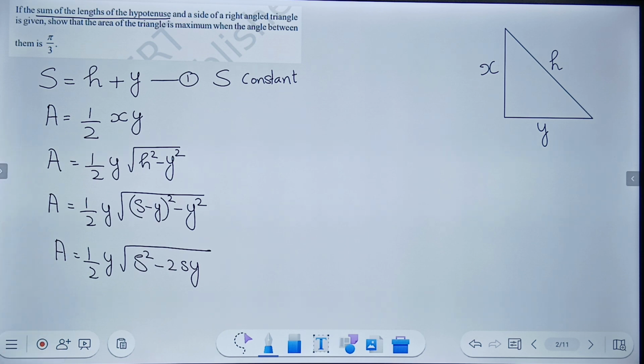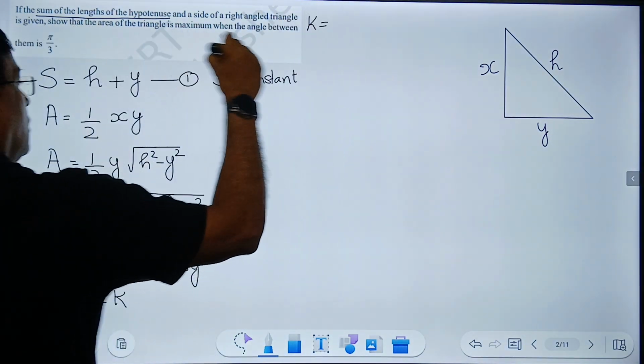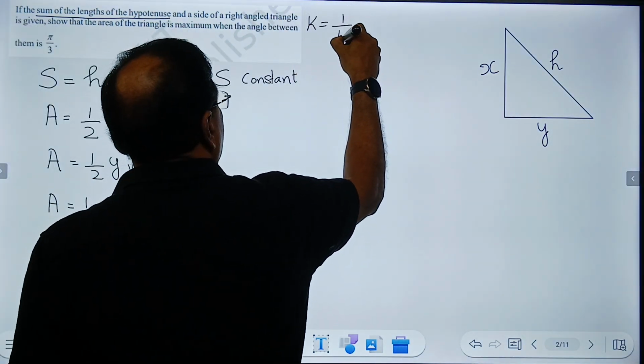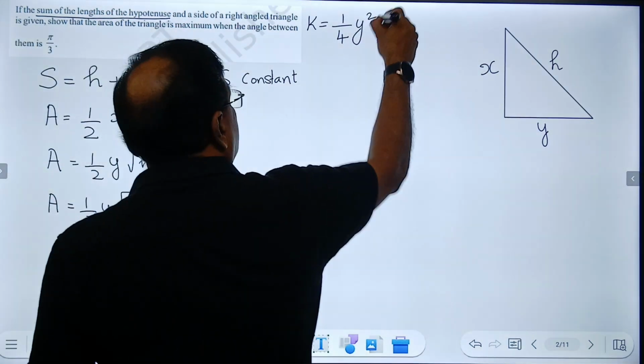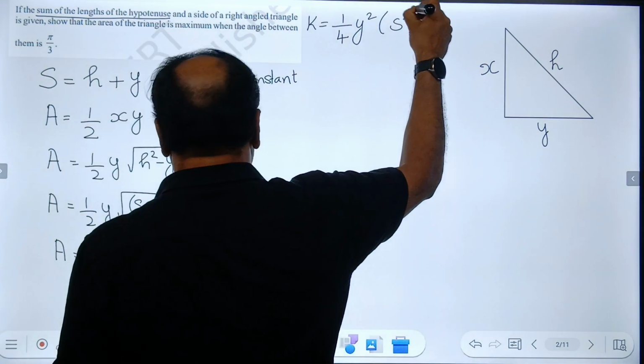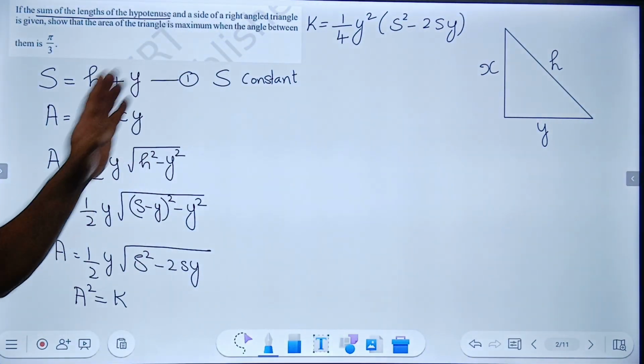Now remember what we did in previous videos. When there is a square root, I want to get rid of it. How do I get rid of that square root? I square it and call it K. So K equals 1 by 4 Y square into S square minus 2SY.